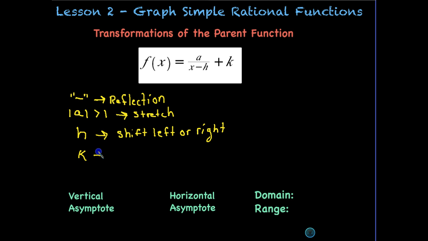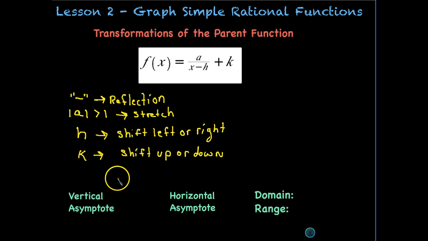Finally, we have our k value, and our k value is a shift up or down. And if it's a plus 2, it shifts up, and if it's a minus 2, it shifts down. So it is not the opposite because it relates to y, and y is on the other side of the equal sign already.